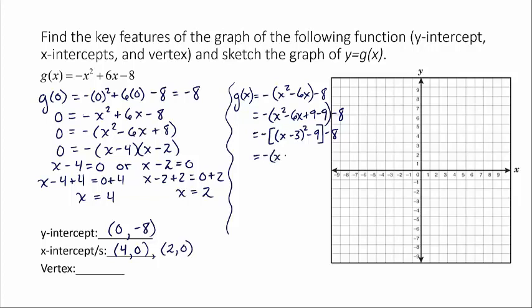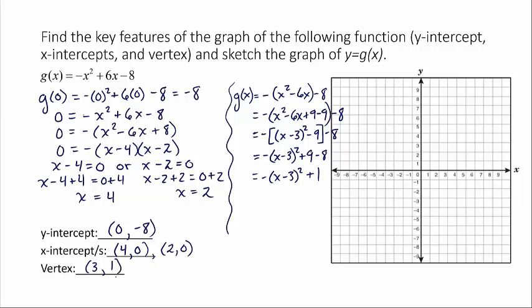So I'll have negative times x minus 3 quantity squared plus 9 minus 8. Okay, so negative x minus 3 squared plus 1. Okay, so the vertex is (3, 1).